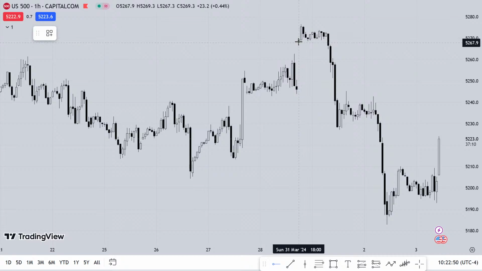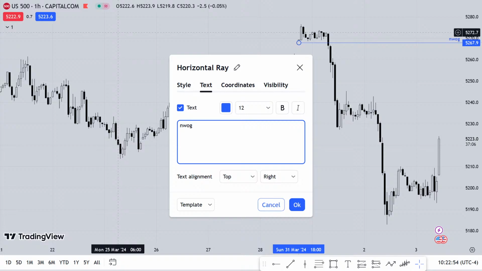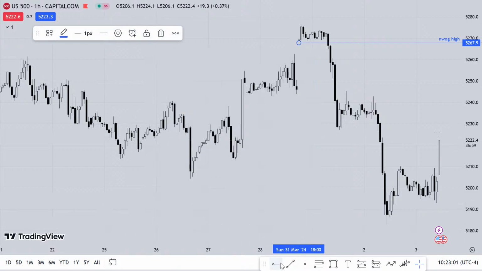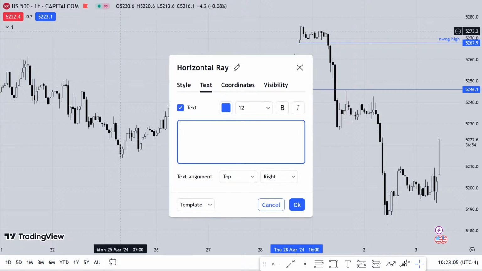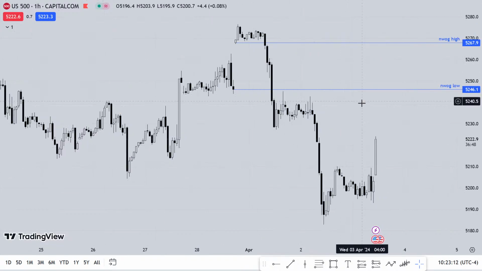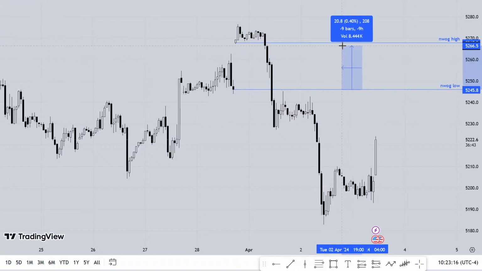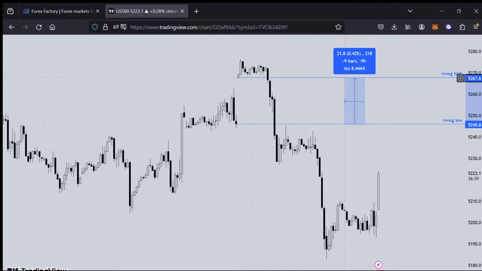So this new week opening gap that was created here, new week opening gap high, and this new week opening gap low. You see it's large. It's about 20 listings.